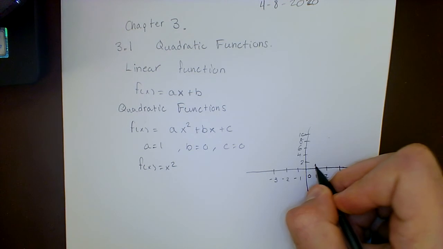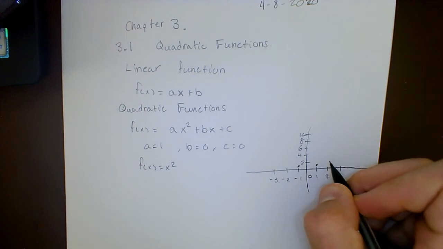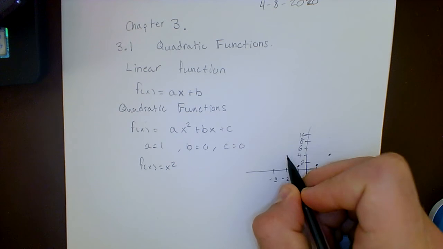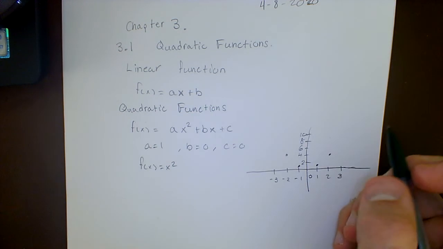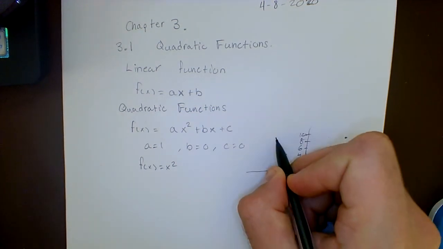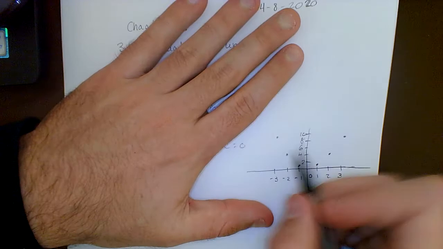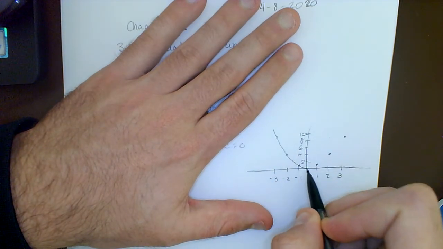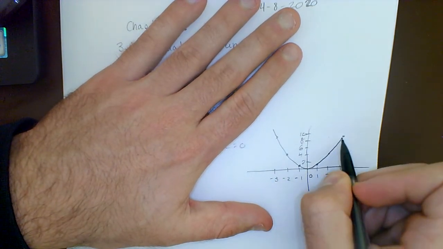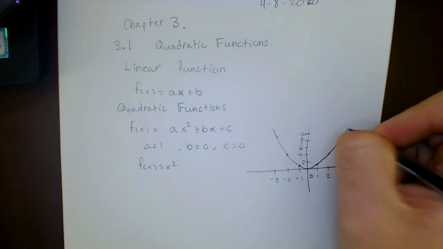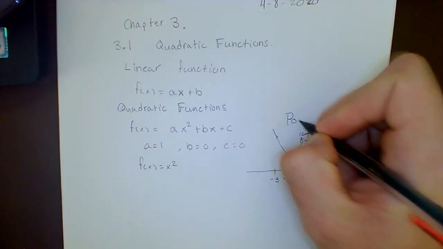So 1 squared is 1, negative 1 squared is 1. 2 squared is 4, negative 2 squared is 4. And 3 squared is 9, along with negative 3 squared is 9. So it kind of makes this arc-like shape like that. And we call this shape a parabola.